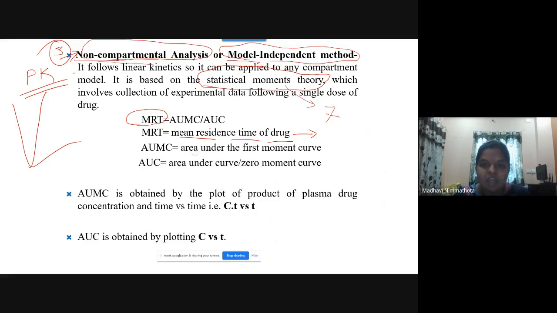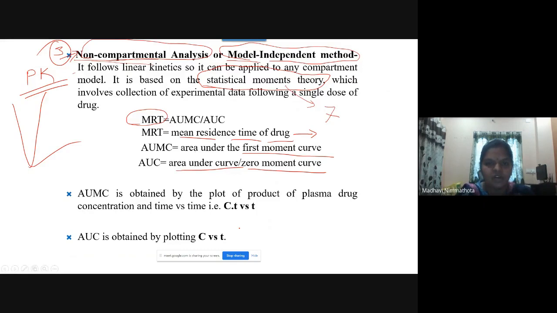AUMC is the area under the first moment curve, while AUC is also called the area under the zero moment curve. AUMC is obtained by plotting the product of plasma drug concentration and time versus time. AUC is obtained by plotting concentration versus time.